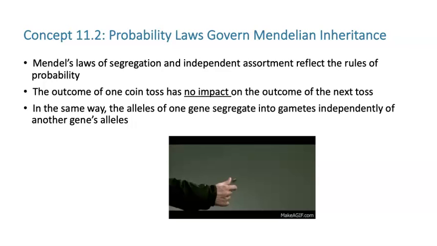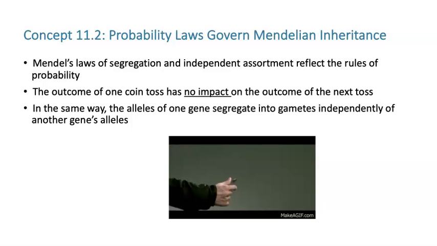We can look at probability of how you pass down traits mathematically. We don't have to always do Punnett squares the way that I've shown you. There is just applying some laws of probability to segregation and independent assortment that are useful.